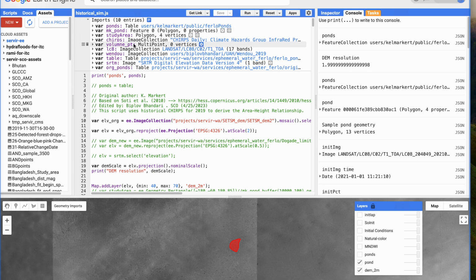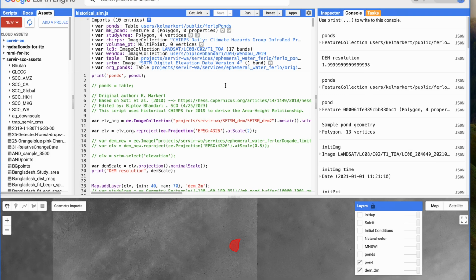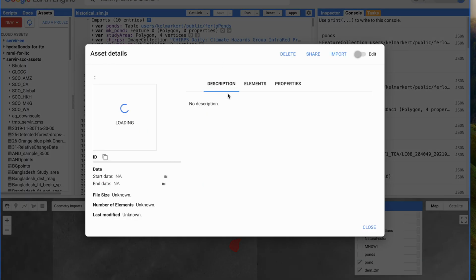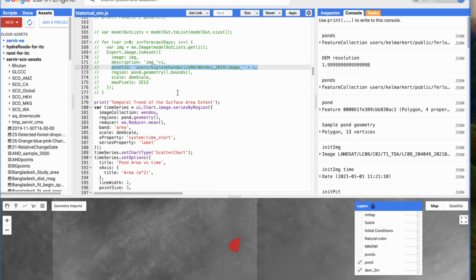Those image collections should be shared with you, and they are over here. It's taking a long time to load. Anyways, once you run that, you have all these model outputs for that entire year.